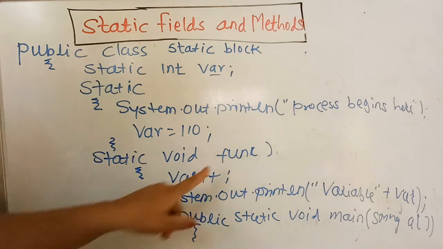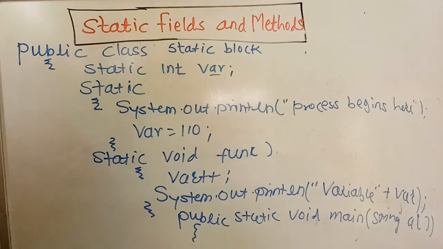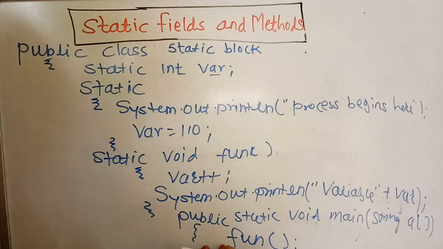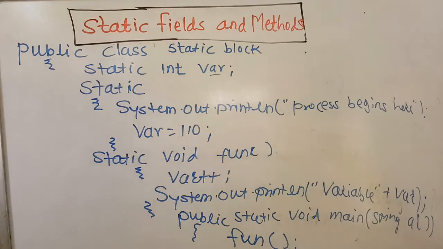As it is static, you have to directly access this function, means call it like a normal function. There is no need to access it with the class name or class object. So we are completing here the main method and class. So these are the advantages and the mechanism behind static fields and methods. Thank you so much.